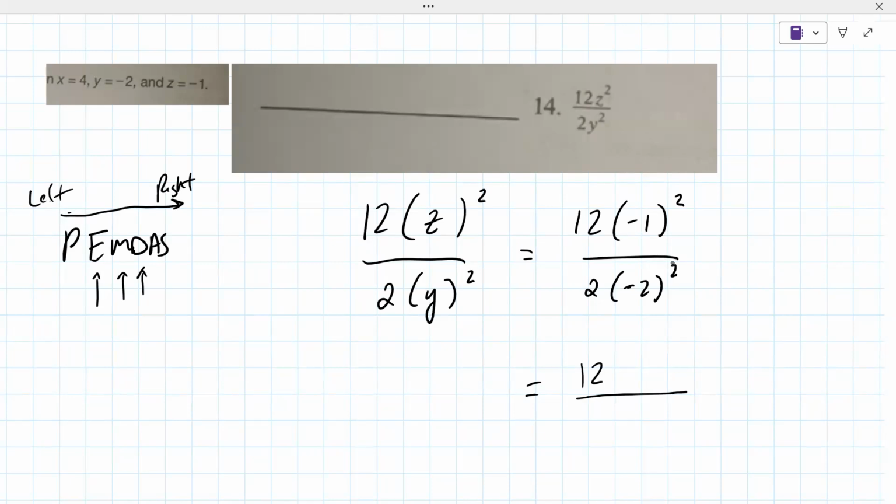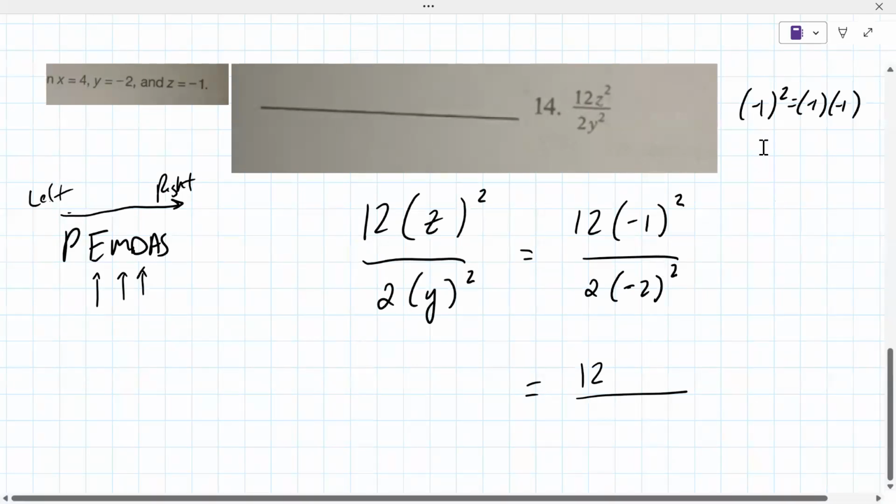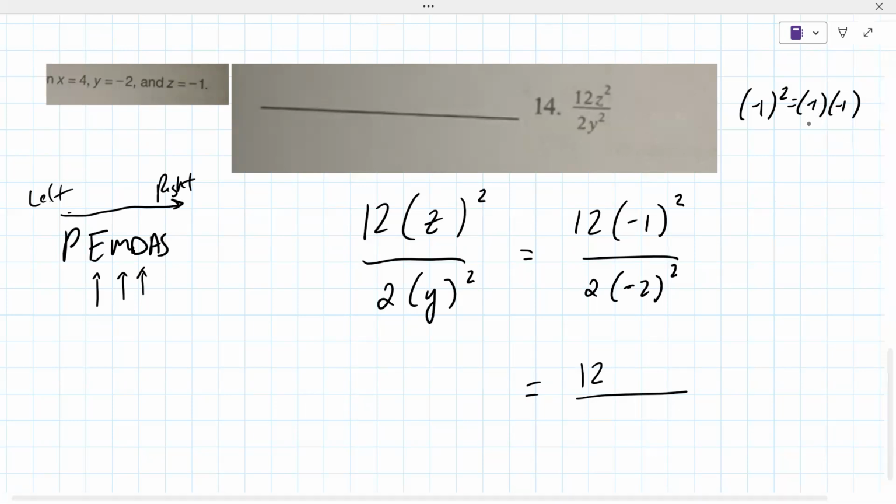-1 to the power of 2 means -1 times -1, which would be -1. No, when you have two negatives, it becomes a positive. It would just be 1.